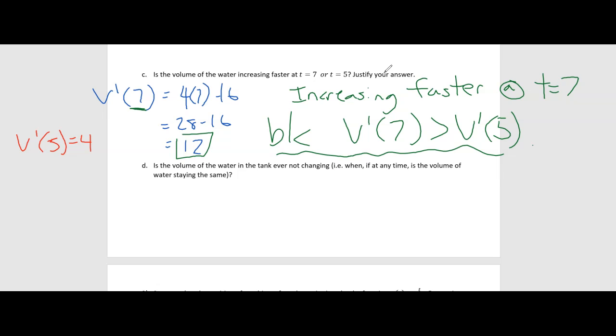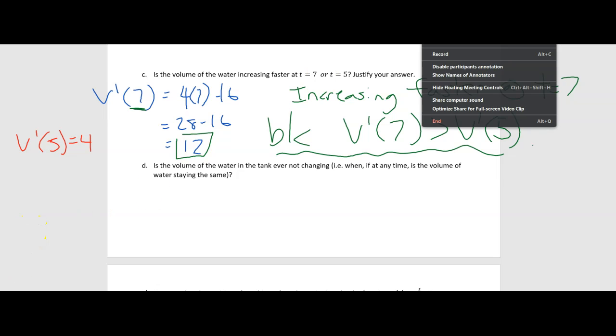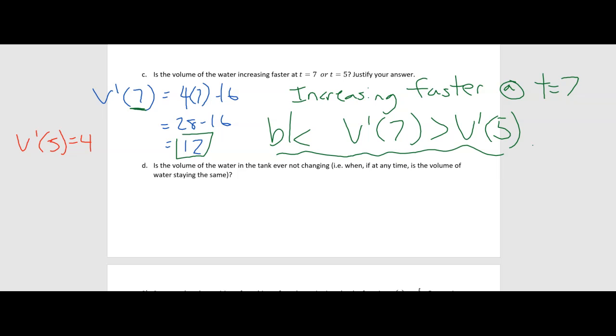If the derivative is positive, the function's increasing. If the derivative is negative, the function's decreasing. If the derivative is 0, that's one spot where the function is neither increasing nor decreasing, as well as if the derivative is undefined. That could also be a spot where the function is neither increasing nor decreasing.